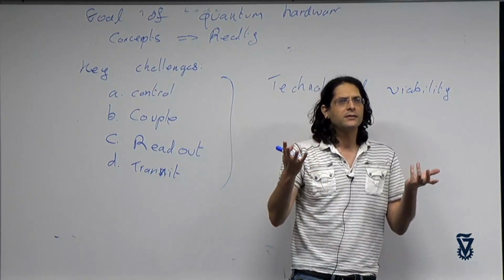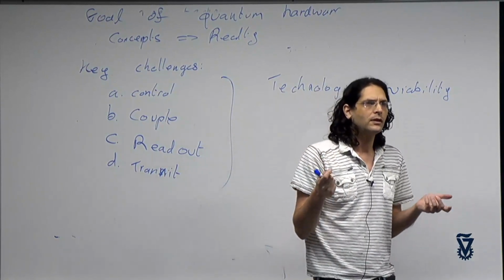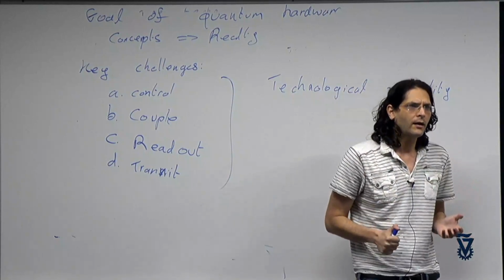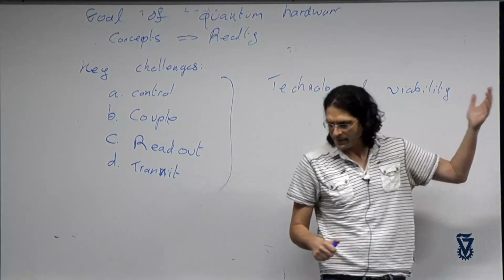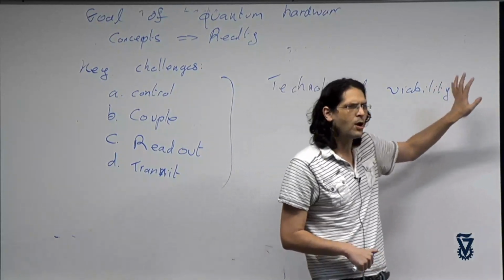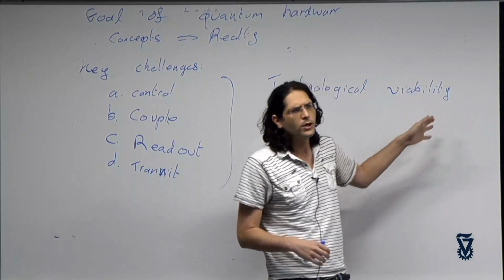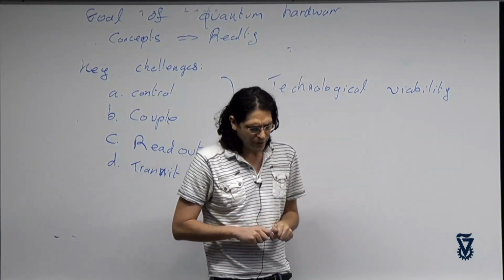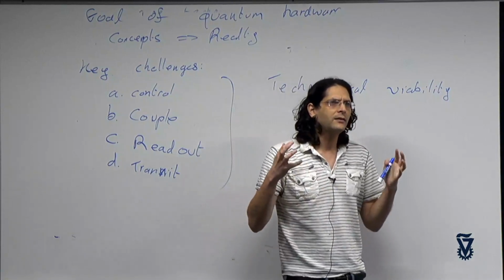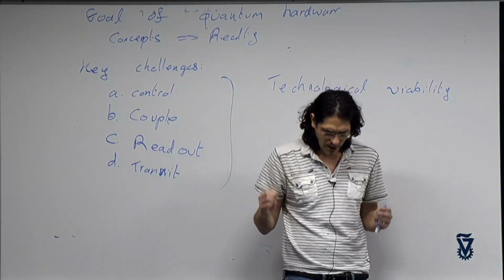But it really tells us nothing about how to realize that. In this first lesson, or maybe the beginning of next lesson, we're going to talk about what is a qubit, what are few qubits, and all the basics of quantum information. But those are abstract things.